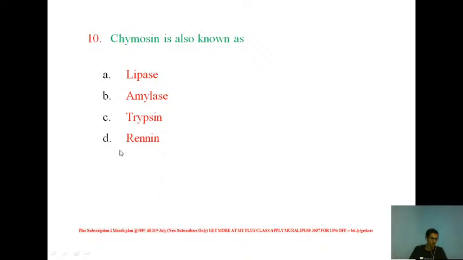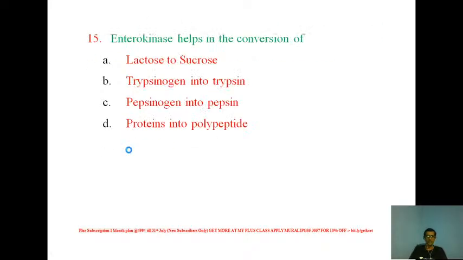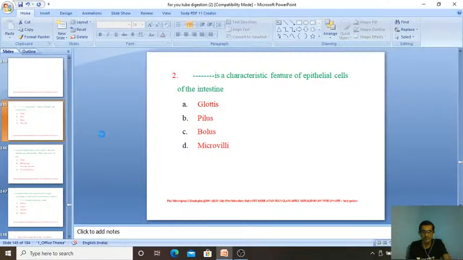Can any student answer? Somebody says trypsin. No, chymosin is also known as rennin. Trypsin is produced as trypsinogen.